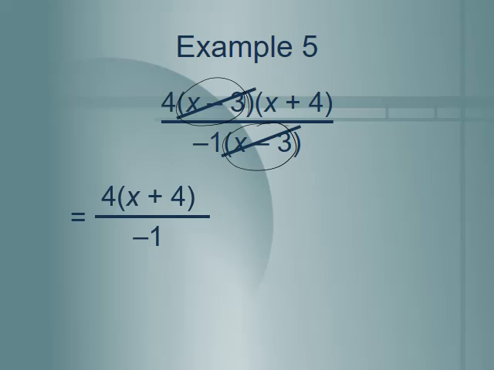So now we're left with 4 times x plus 4 over -1. And you can actually simplify that to be -4 times x plus 4. And x, in this case, cannot equal 3, because we decided that at the very beginning. So that's the only number that we know x cannot equal for this example.